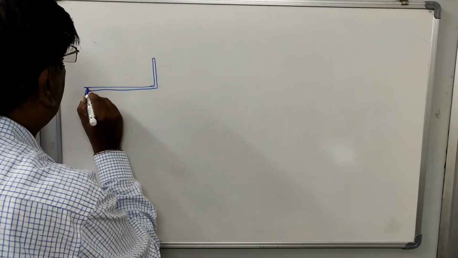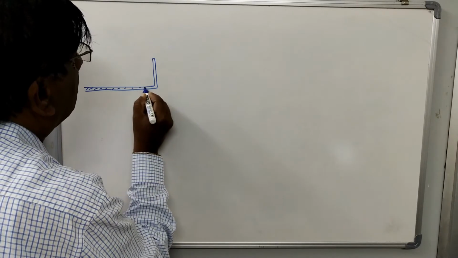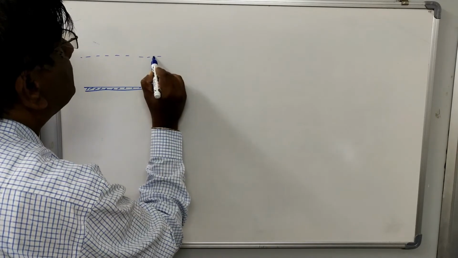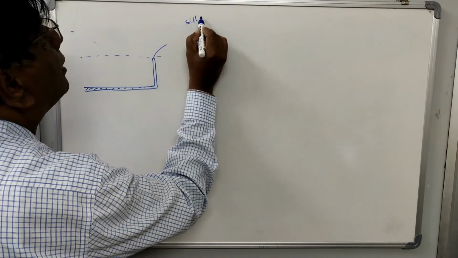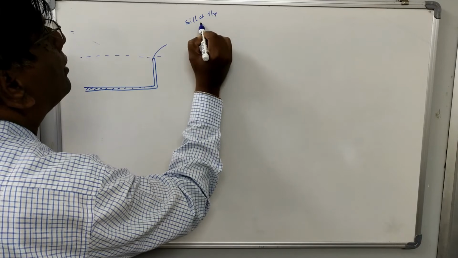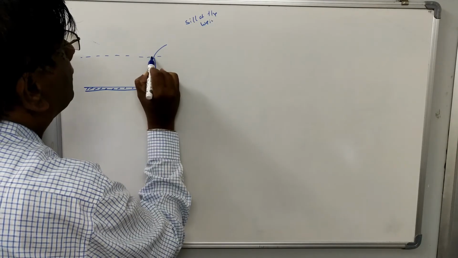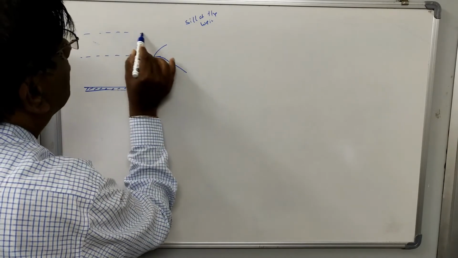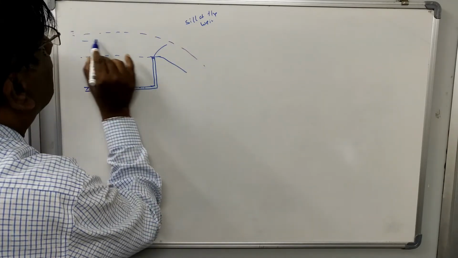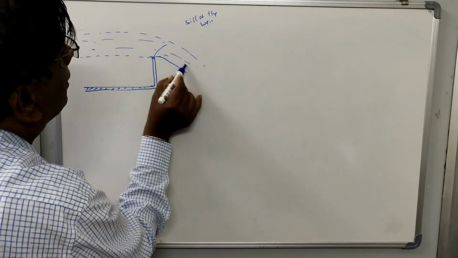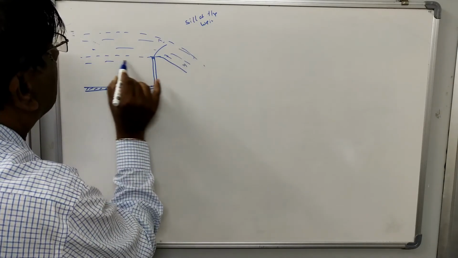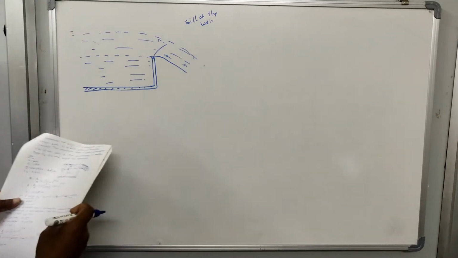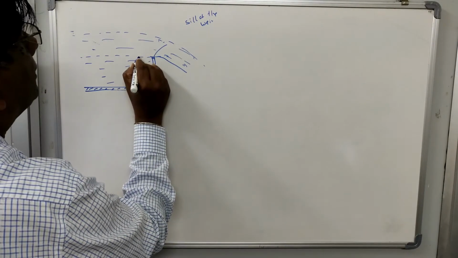This is a solid wall. This is the sill of the weir.